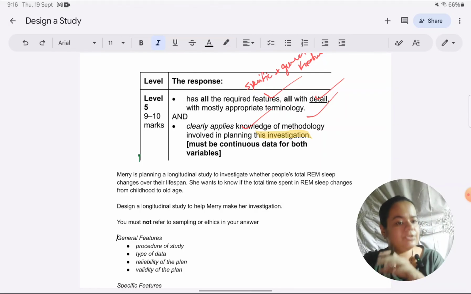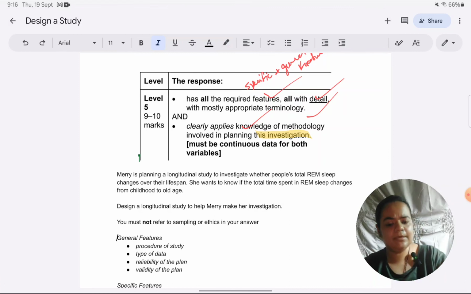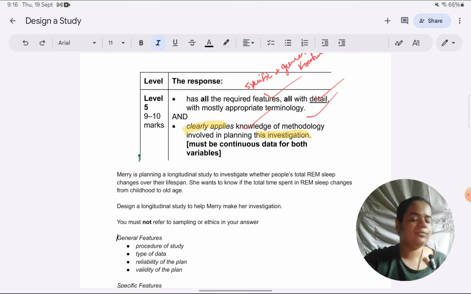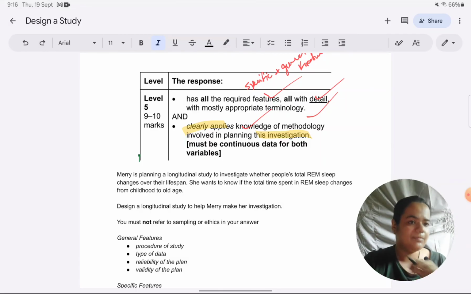This investigation is about REM and ages, and that is what we have covered in the answer. We haven't strayed and started covering Dement and Kleitman instead, which was about comparison of REM and NREM. We have not even mentioned NREM. So this is about being focused and relevant, and of course applying, like we saw before, not just mentioning this will be there, that will be there. How it will be there in this particular study, that is what we have mentioned.